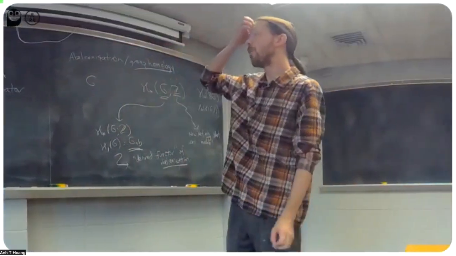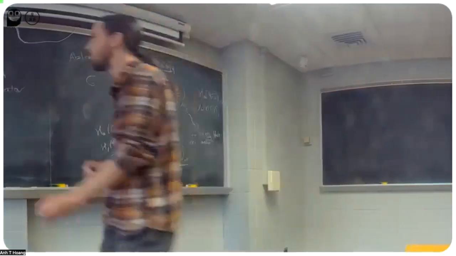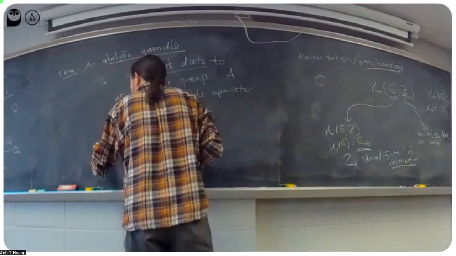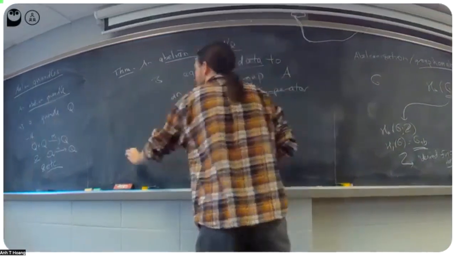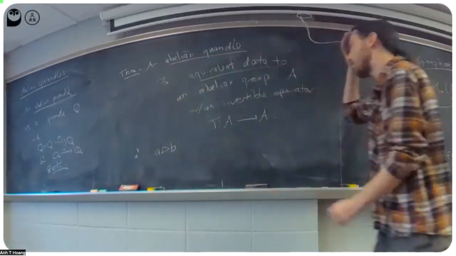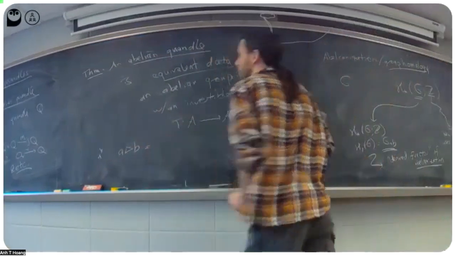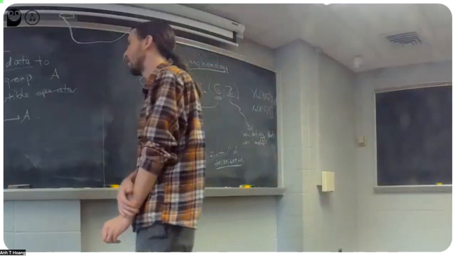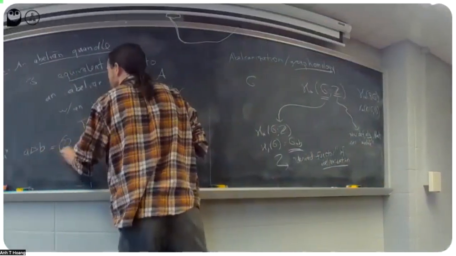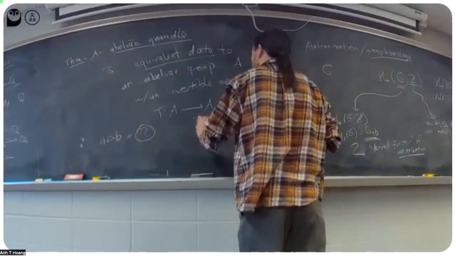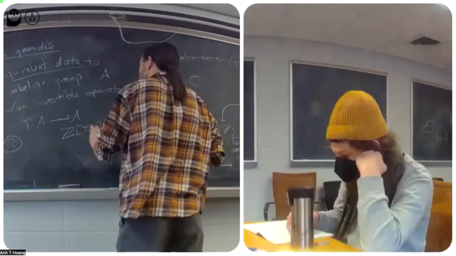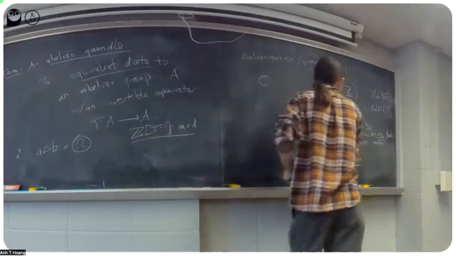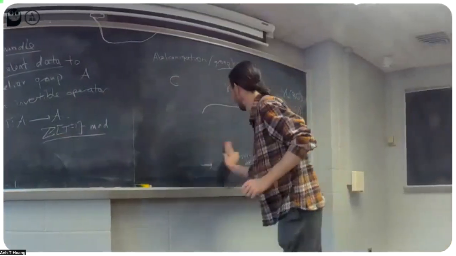Specifically, an abelian quandle is going to be an abelian group with a quandle operation that I have to write like this, rather than A to the B, to not get myself confused. And this operation can be explicitly expressed in terms of the operators. And so abelian quandles turn out to be the same as modules over Z adjoining T to the plus or minus 1.